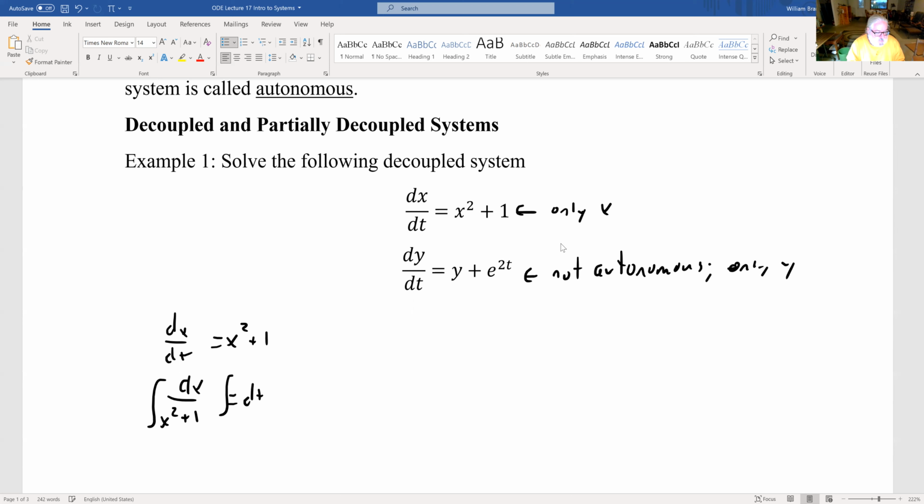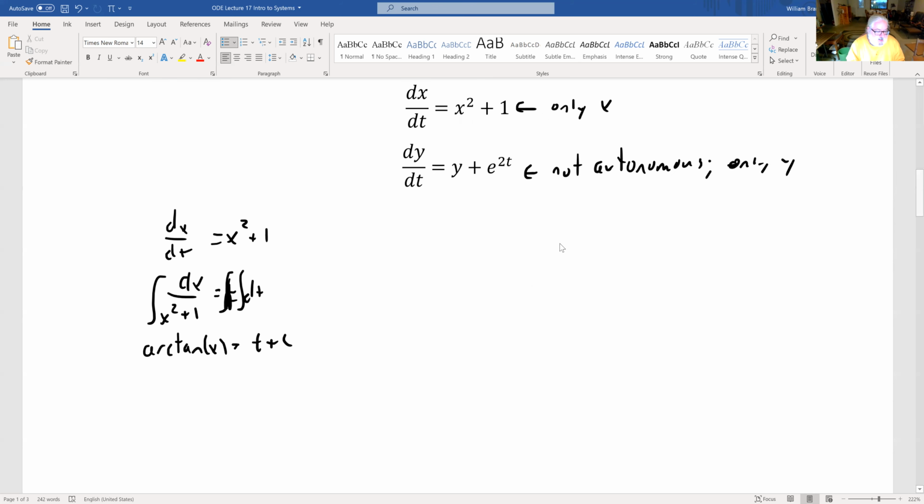Integrate both sides. And you get arctangent of x equals t plus a constant. Or finally, my x function, which depends on t, is tangent of t plus c. For the y, if we guess, it'd be y equals the homogeneous solution plus the particular solution.